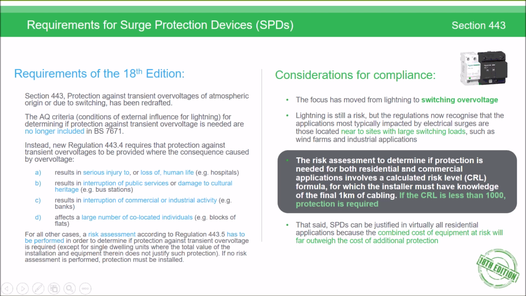A key point that I would refer to here is that the risk assessment to determine if the protection is needed, for both residential and commercial applications, involves a calculated risk level, denoted by CRL in the wiring regulations.